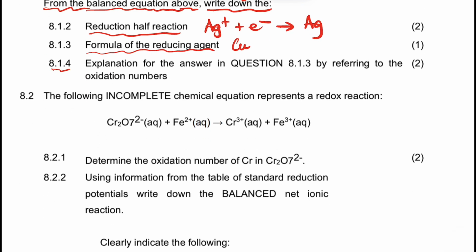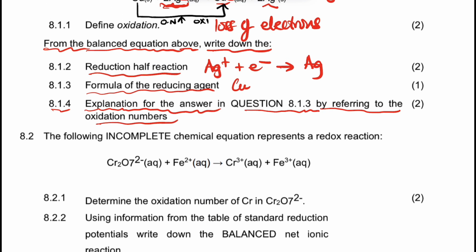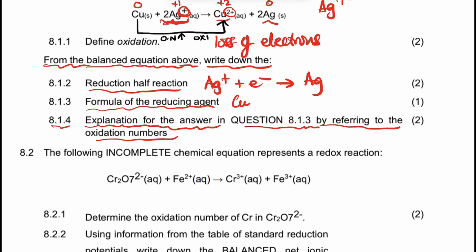Now it says 8.1.4, explanation for the answer in 8.1.3 by referring to the oxidation number. So by referring to the oxidation number, we said the answer is copper, but if we look at the copper, the oxidation number increases from 0 to 2.